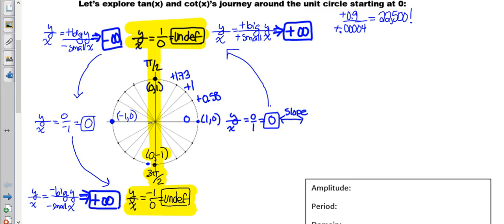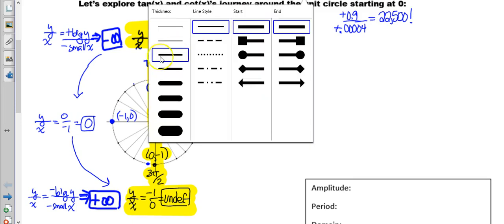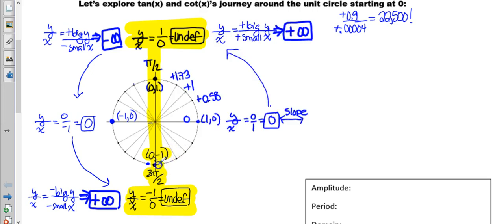And one more time, let's consider what happens right after you pass it. Like, let's say right there, super close. Change in y divided by change in x. Let's see if you can figure out on your own, are we dealing with a negative or positive, big or small y? Those are all the possibilities, right? And then is it a negative, positive, small, or big x?